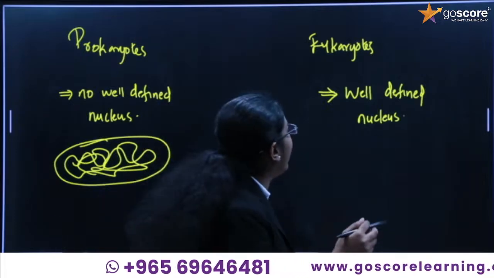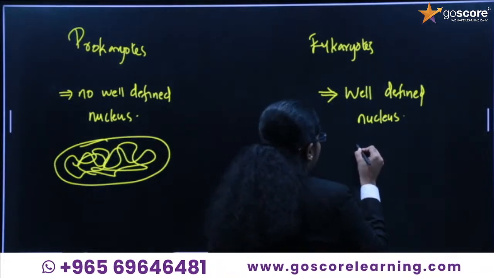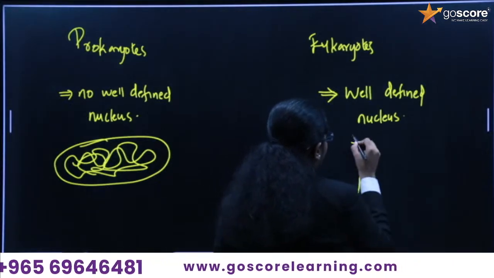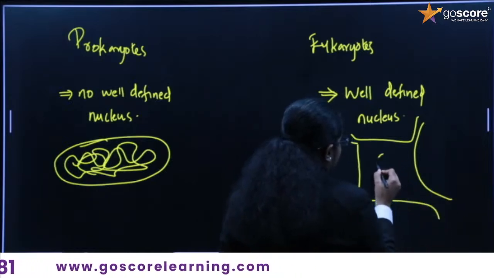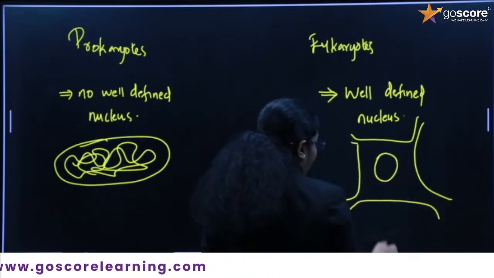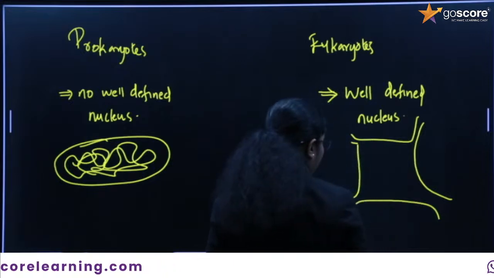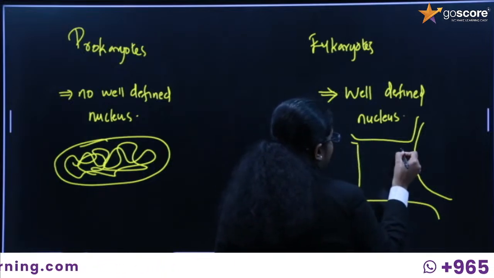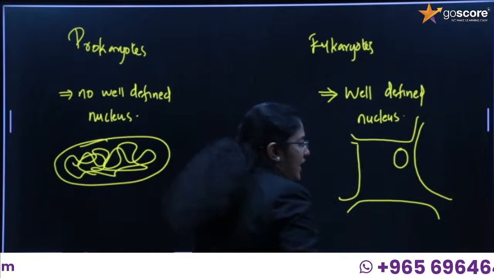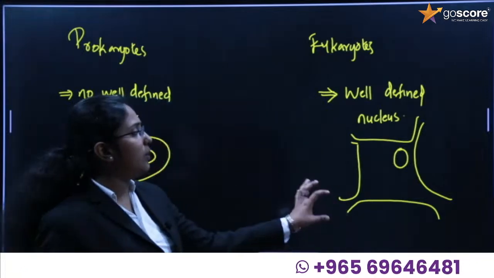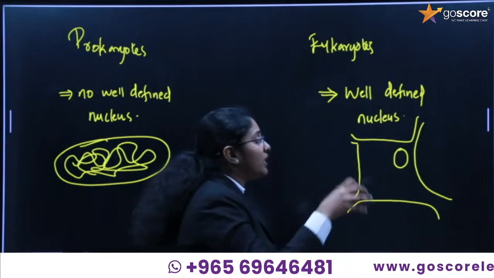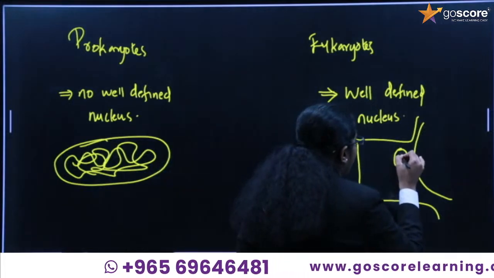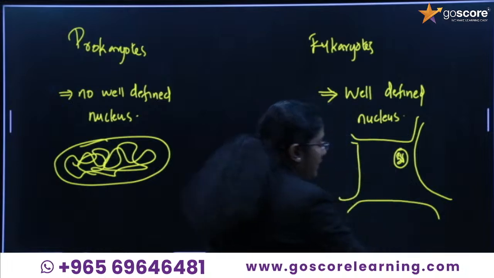But if you are considering a eukaryote, a plant cell, inside it there will be a nucleus at the peripheral side, due to the presence of a large vacuole. And inside the nucleus, the chromosome or the DNA will be present.